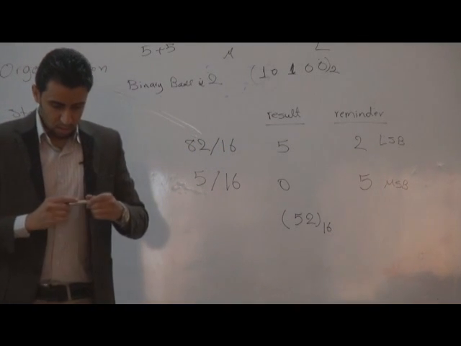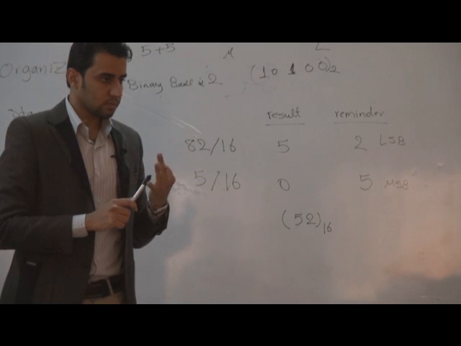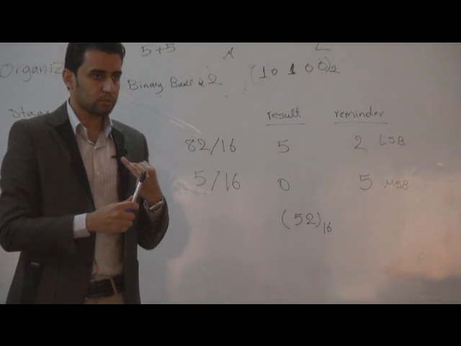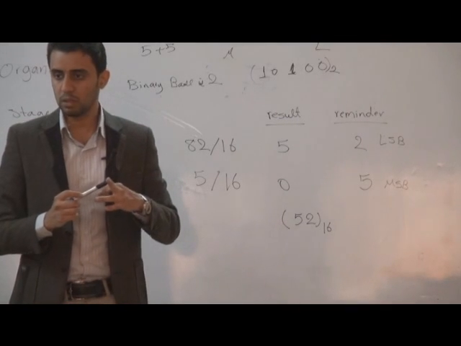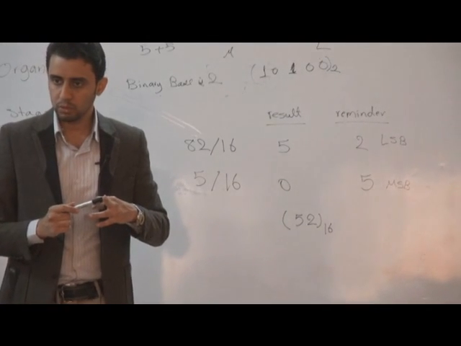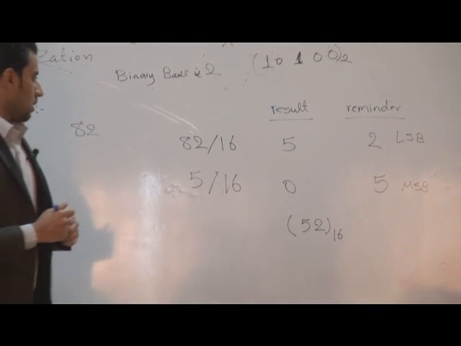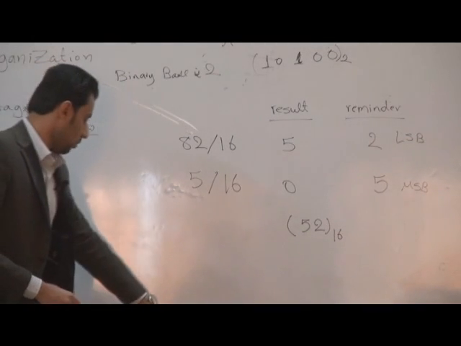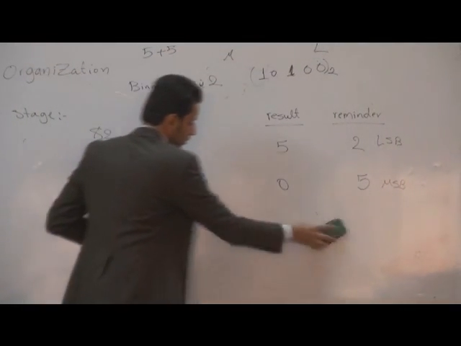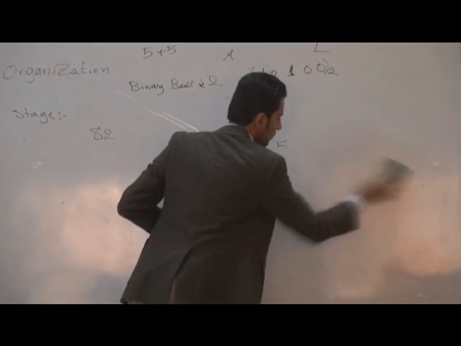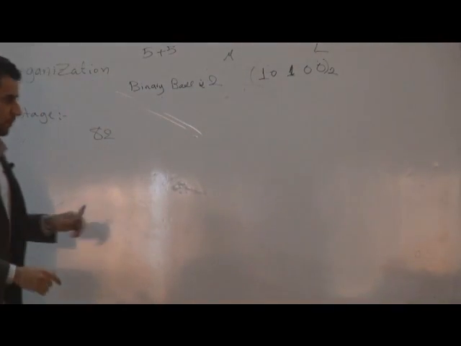So, now, we took 3 examples. First one, convert from decimal to binary. Second one, from decimal to octal. Third one, from decimal to hexa. Okay. Now I will give a set of homeworks. You will try them at home, and if there are any doubts, please contact me.